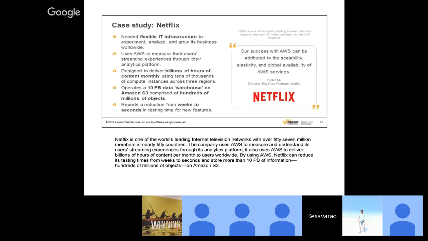No customer was able to use all the capabilities and services that Amazon offers as efficiently and effectively as Netflix, very cost effective as well as from the performance point of view.